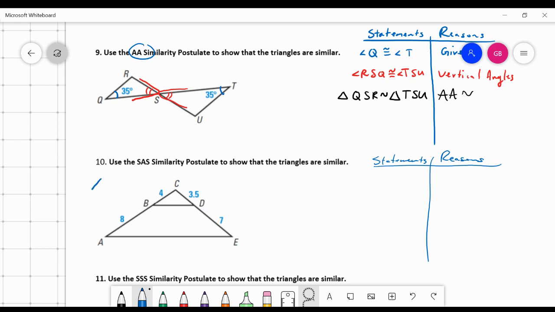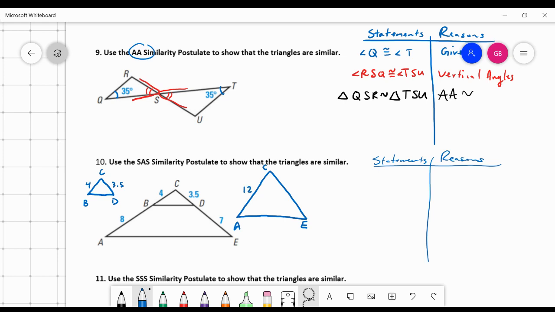I'm going to draw the small triangle here, which is CBD. And then I'll draw the bigger triangle over here, which is CAE. And then CA is 8 plus 4, which is 12.